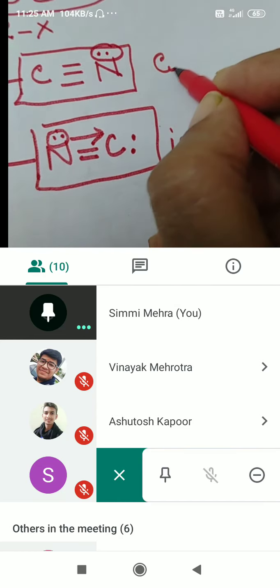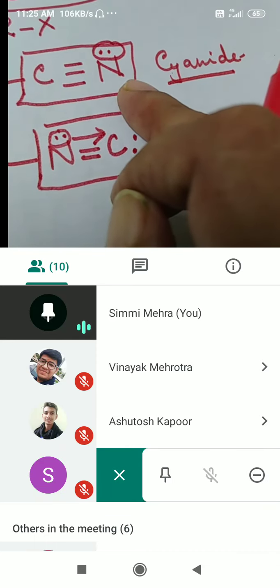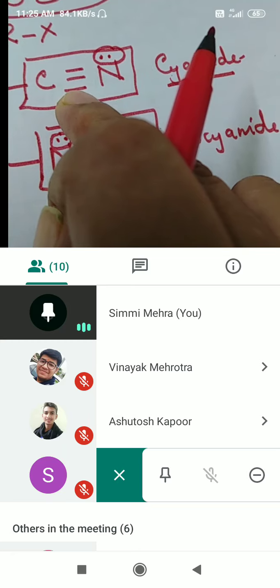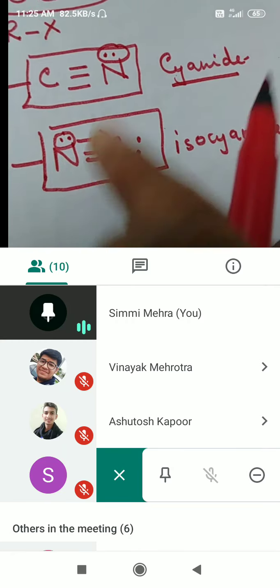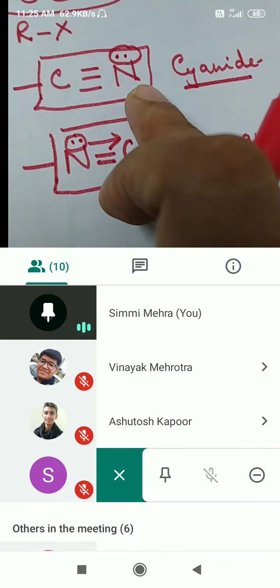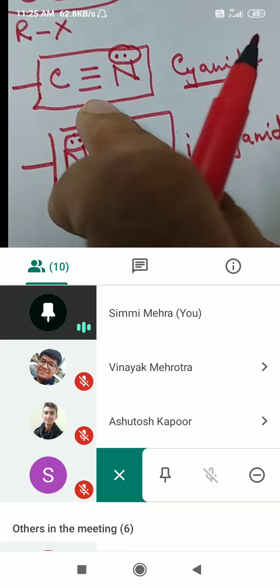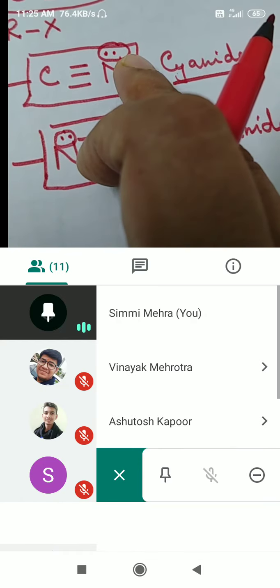and this is cyanide. For nomenclature, we use the words nitrile and isonitrile, because their bonding is different. Here the linkage is through nitrogen, here the linkage is through carbon. Carbon is forming 4 bonds. Nitrogen is having 3 bonds and the lone pair intact.